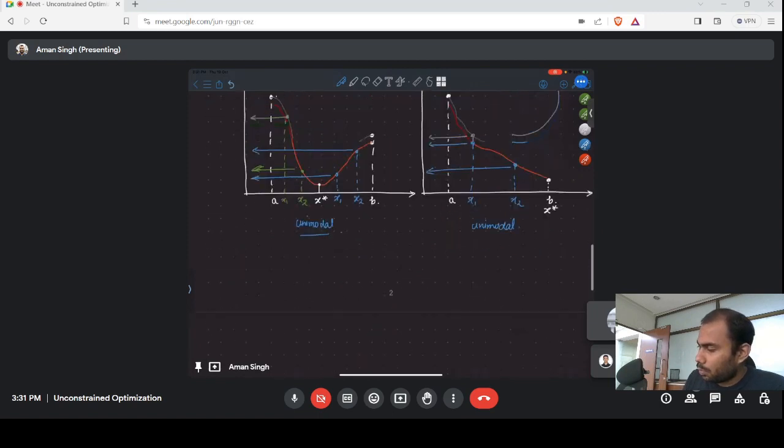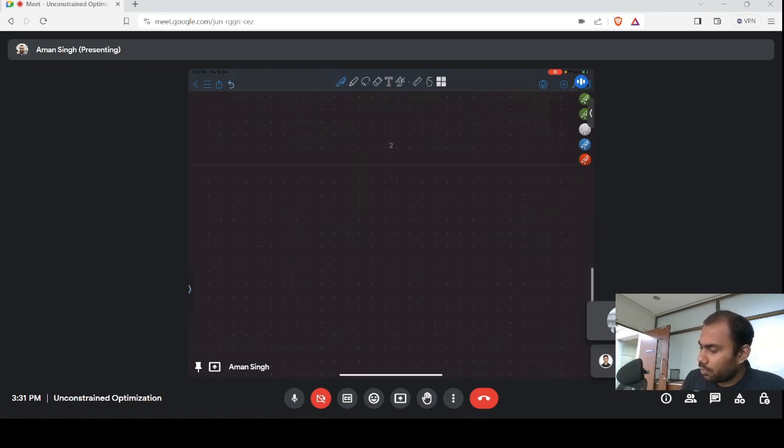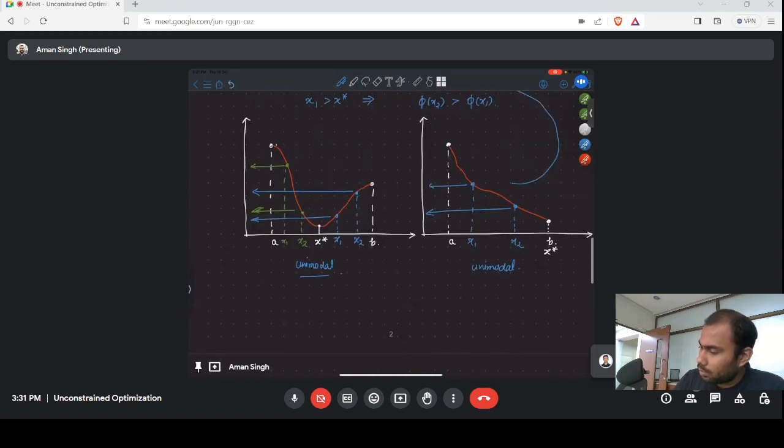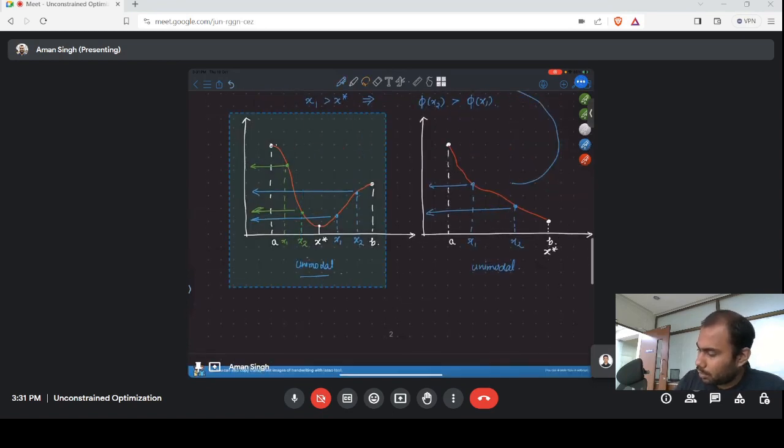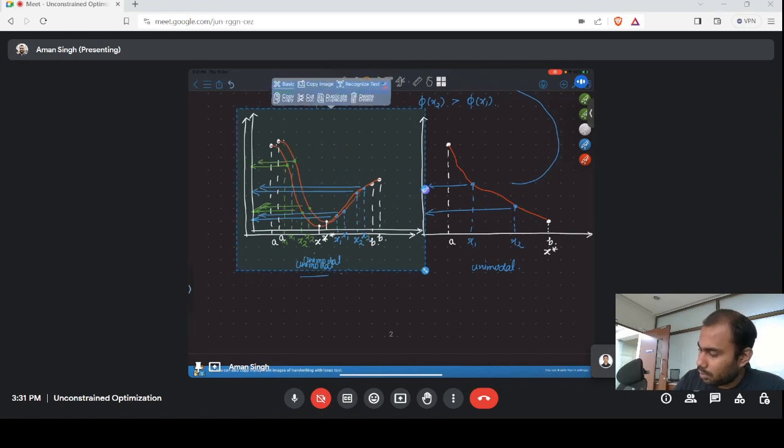So what are some examples of non-unimodal functions? Let's again make a graph.